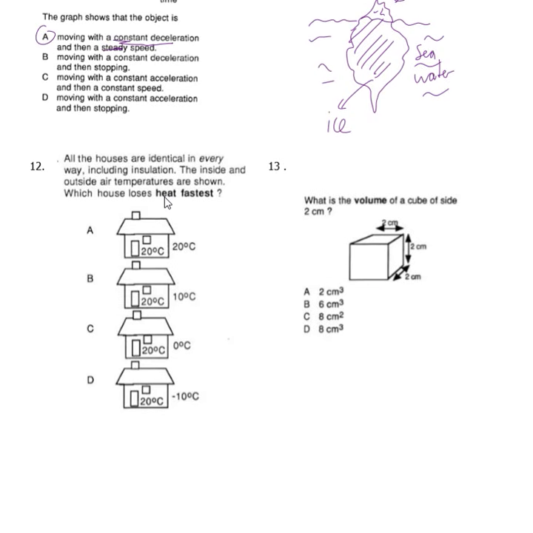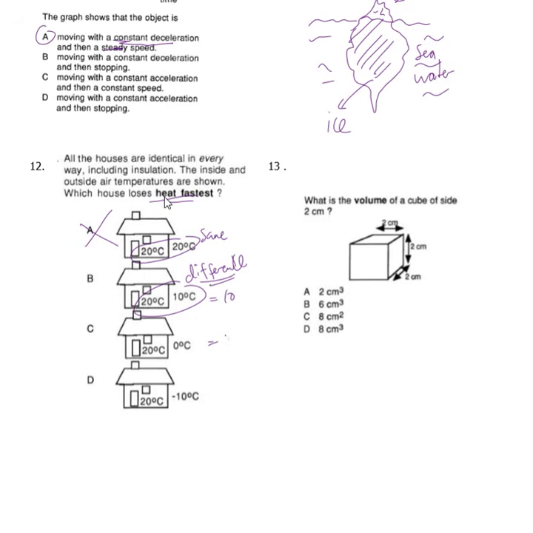Now, this one here is showing which one loses heat the fastest. Now this one's the same, so it can't be this one. Now this one, the difference is equal to 10.